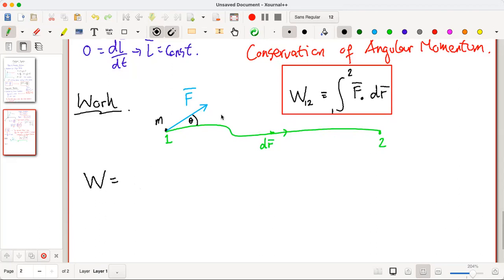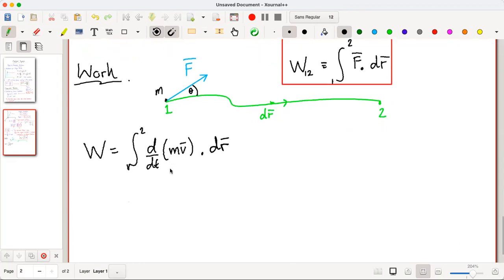Now we can elaborate this equation. If, as in most cases, m is constant, I can write the integral like this. We know that F is just d/dt of m times v, dot dr. Since m is constant, I can pull m out of the integral.